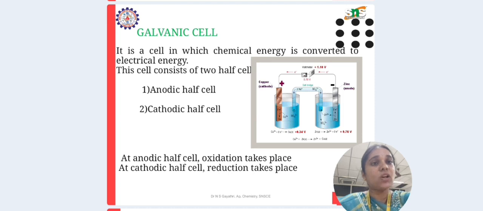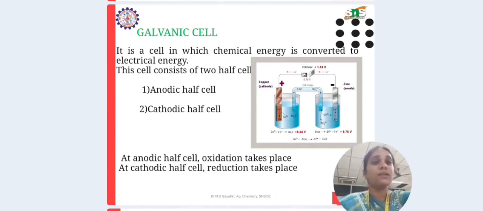The salt bridge allows the ions to flow from one compartment to another. At the anode oxidation takes place, the loss of electrons, and at the cathode reduction takes place, the gain of electrons.